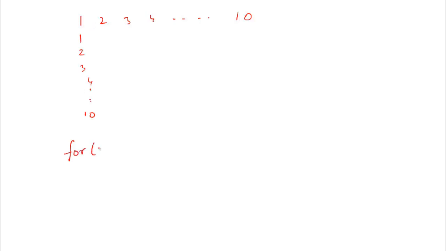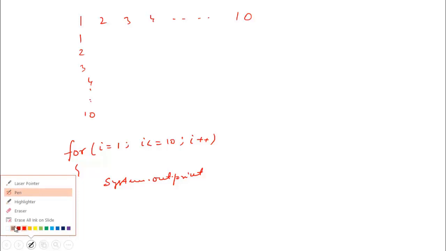So I have to write I equal to 1, and I less than or equal to 10, and then I plus plus. So here if I write System.out.print, there are two things here, println and print. So I'll just explain a little bit about the println and print.